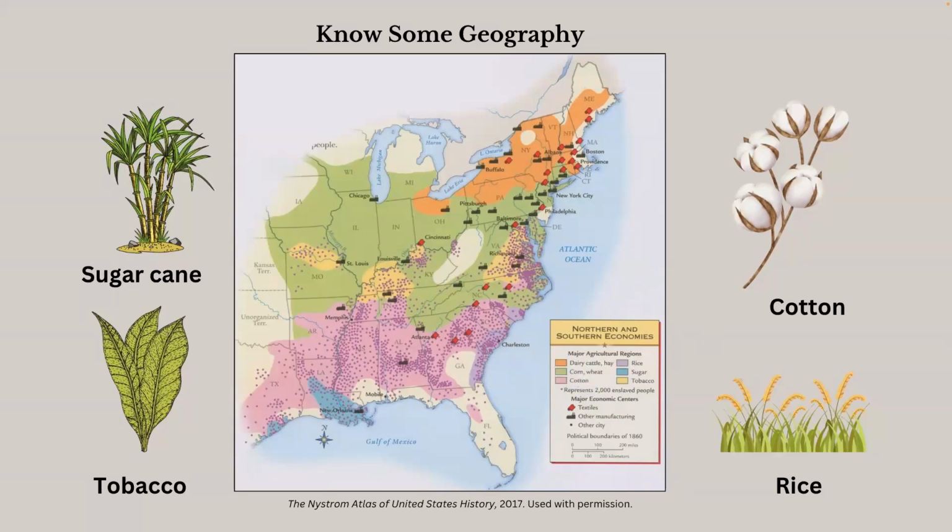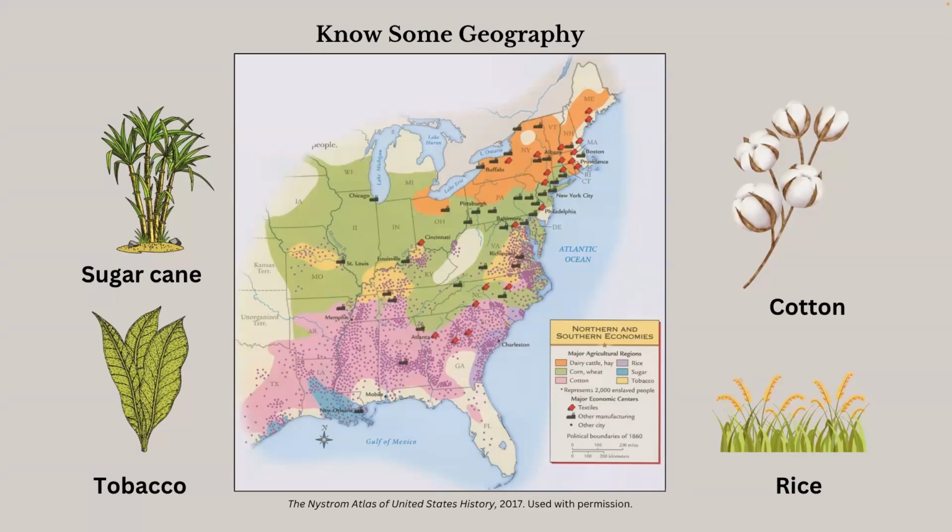The South's economy, and when we talk about the South, we're talking about like from Virginia down, all the way down here. The South's economy was based on agriculture and cash crops like cotton, tobacco, and sugar. And if you look at this legend, you can see that cotton is pink and sugar is blue and tobacco is yellow and rice is purple.